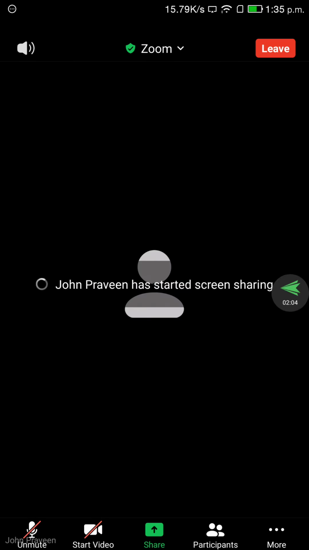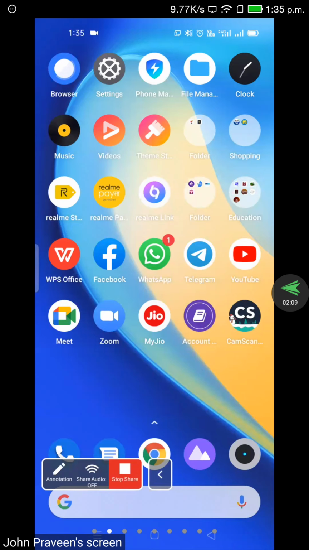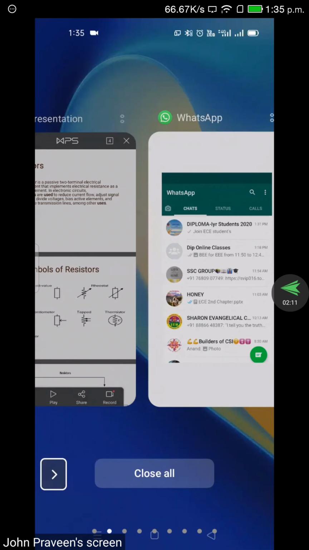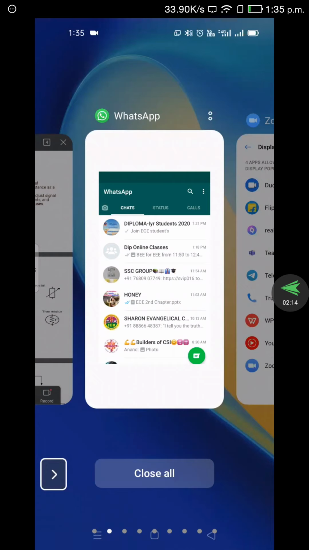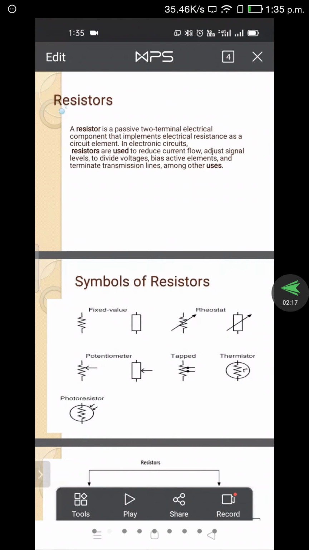Okay, second chapter, resistor. Already we know the basic things: what is a resistor, inductor, capacitor, and what are the voltage source and current source.